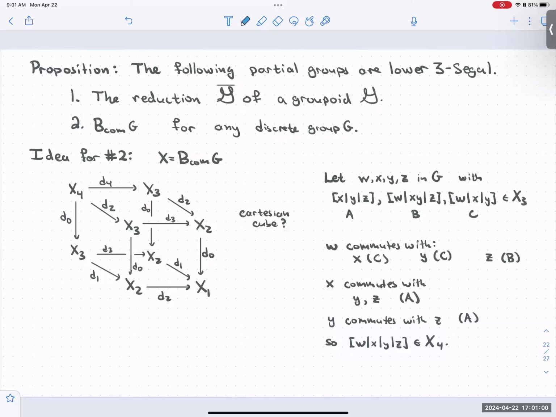I guess you're aware that I come from the decomposition space side of things, so everything is calculus of pullback squares. Here, everything for me is calculus of Cartesian cubes. That's all I think about it in terms of this. Okay.